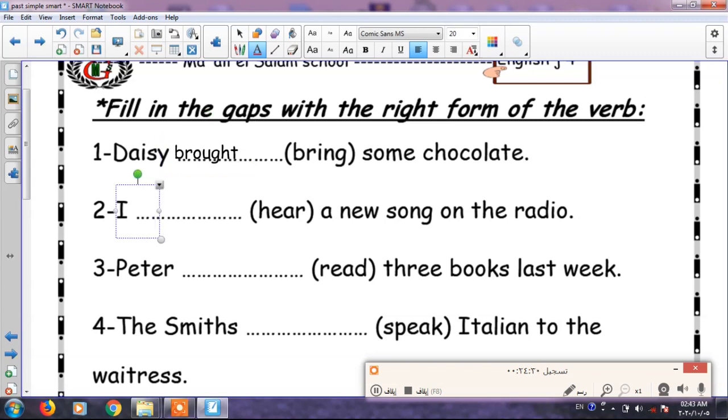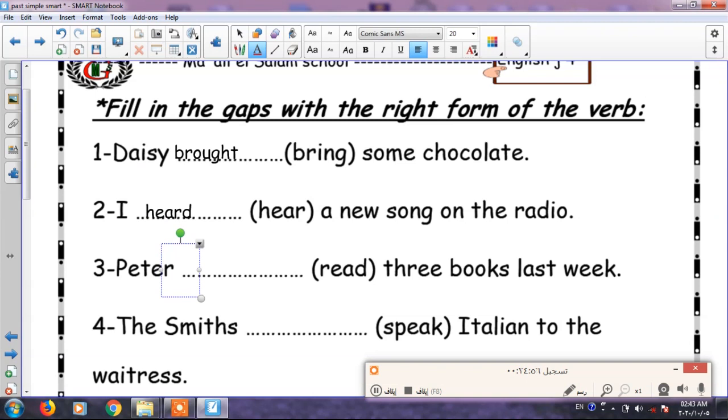Okay, here. I hear you sing on the radio. The past of hear is heard. Okay? Also the verb hear is an irregular verb. So it will be I heard you sing on the radio.